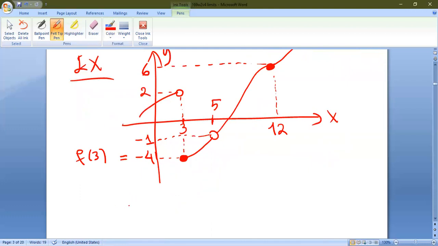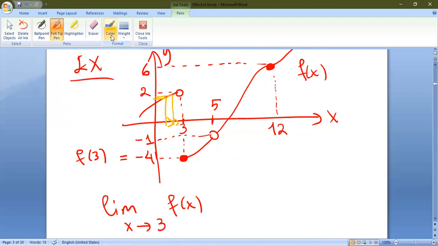When you have a graph like this, by the way the function f of x, if you look at x approaching 3, from the left, for the inputs which are smaller than 3, the outputs are approaching 2.